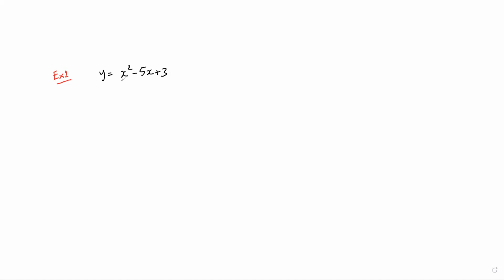So we try this one. So we want to make this in completed square form. So y equals a(x minus h) squared plus k. So we're trying to change this to look like this. It's exactly the same graph. If you graph them, they will be the same, but just looks different.